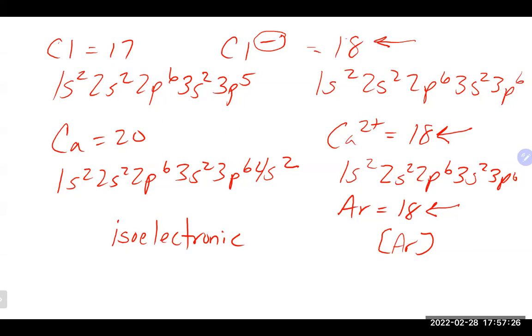So if you look on the periodic table where calcium is, 2 back is argon, which is the noble gas that comes right before it. And nonmetals typically will gain electrons and go forward to the next noble gas. So again, if you look at the periodic table and find chlorine, one more spot ahead of chlorine is argon, and it moves itself into the same electron configuration as a noble gas.